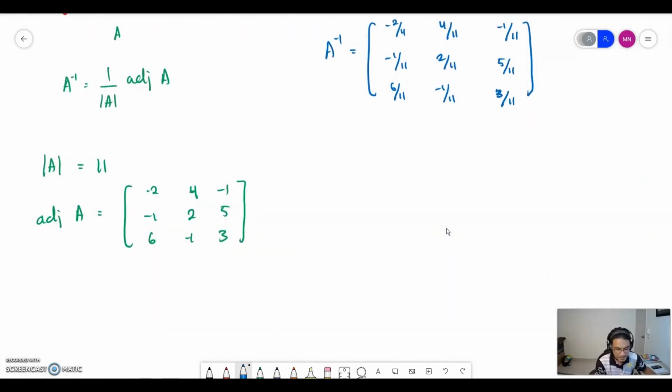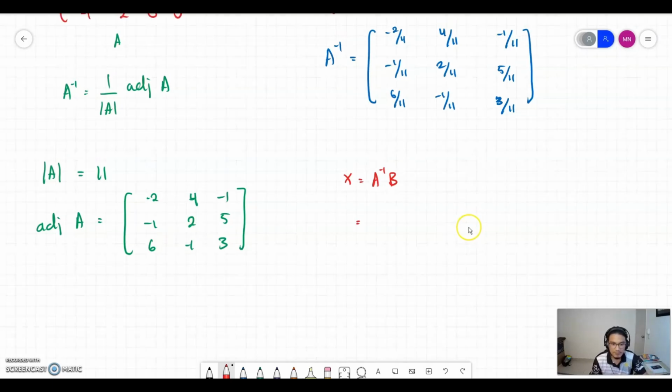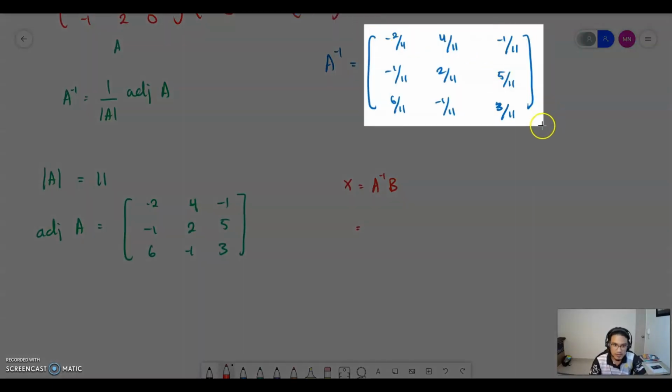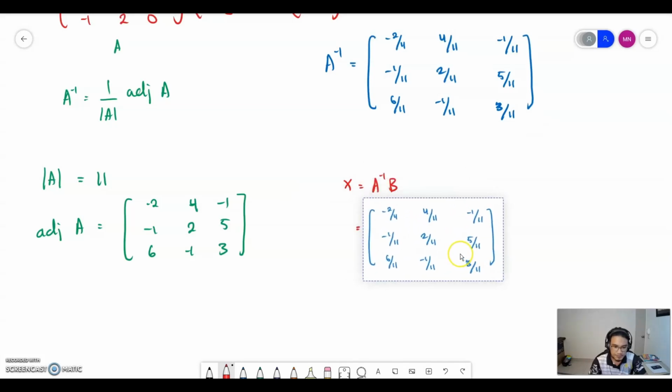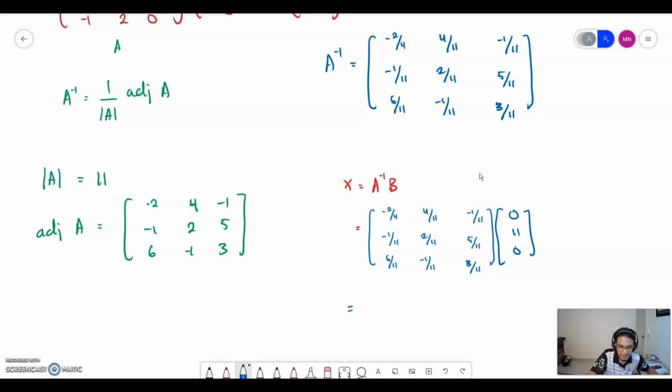Okay, so since we have A inverse, we can solve for the final step for matrix X, and we multiply it with the matrix of B. Okay, then the matrix B is 0, 11, 0, and then the final answer you will have is 4, 2, negative 1.